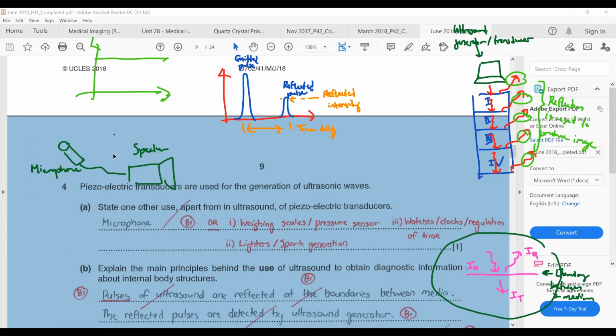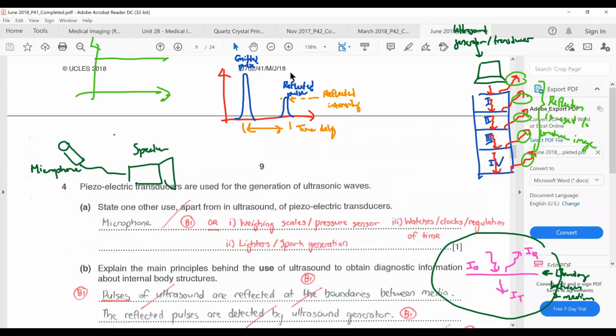Inside your microphone, you would actually have a piezoelectric transducer or your quartz crystal. It will convert sound to voltage.